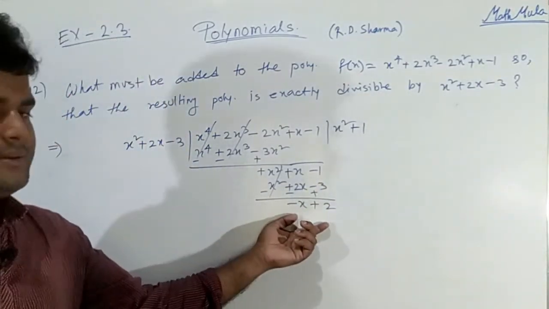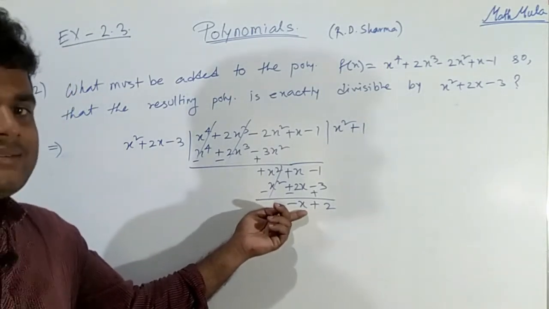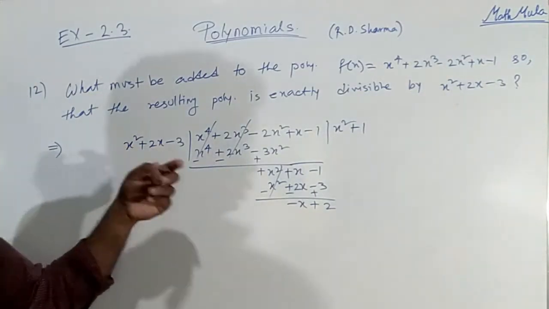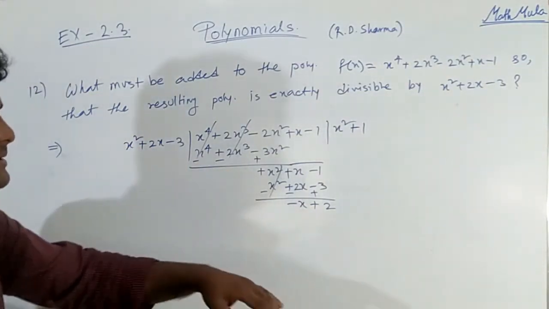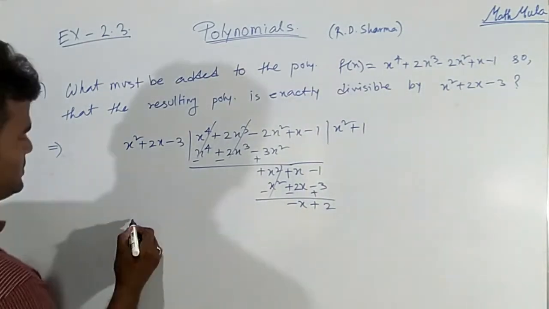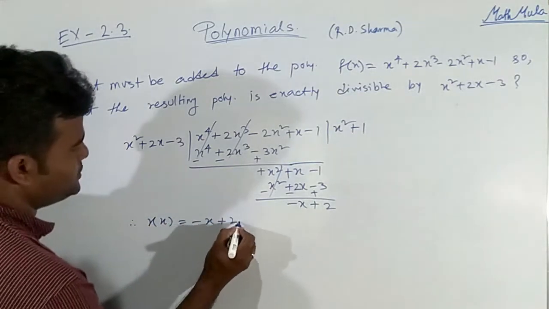This is the remainder because the highest power of the variable is 1, which is less than the power of the divisor. So the degree of this polynomial is less than the degree of the divisor. So this is the remainder. So r of x is equal to minus x plus 2.